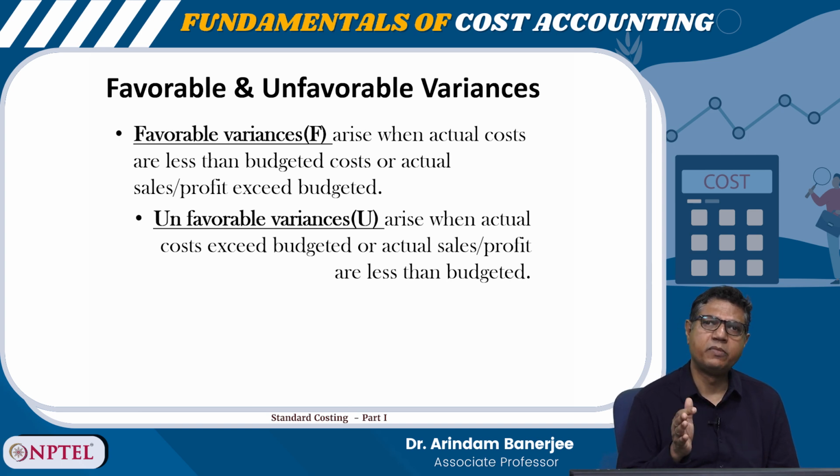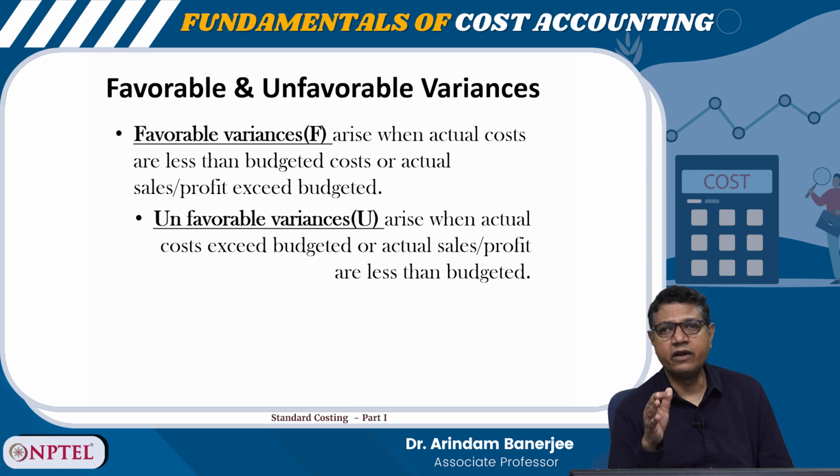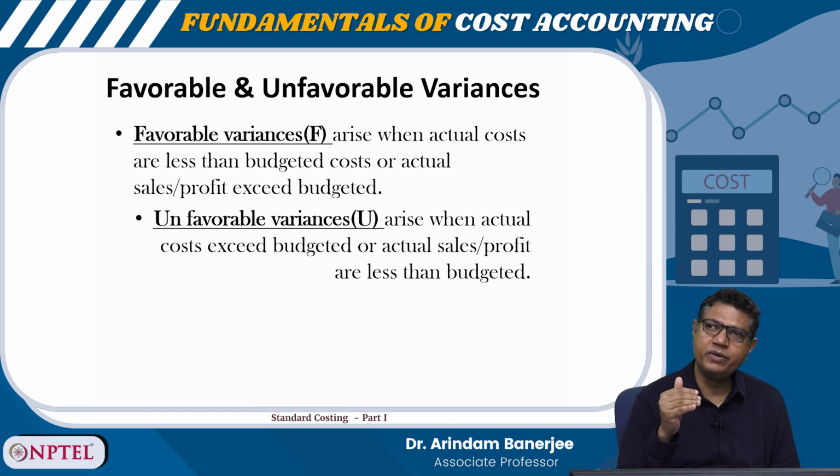As I said, unfavorable and favorable variances are fine if within a manageable limit, because actual and budgeted hardly ever match. Some difference will be there for practical reasons, because actual working conditions and standard working conditions may not match.